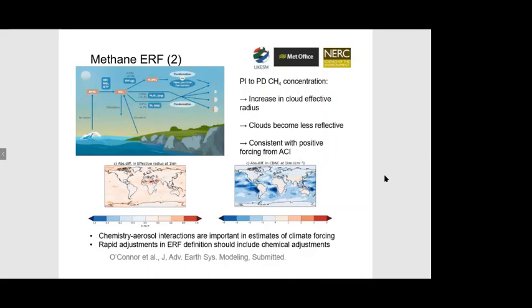So we have some confidence there. We would have less confidence in the response of the third oxidant, which is hydrogen peroxide, to methane, and indeed that accounts for quite a significant portion of the sulfur oxidation. So there is some uncertainty there.